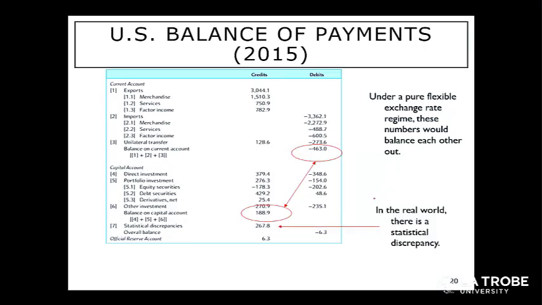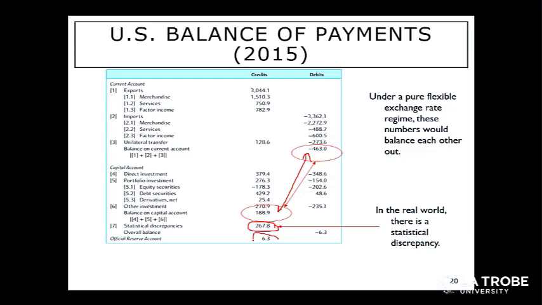So in theory, if the transactions are perfectly recorded, these two numbers should be exactly the same for a floating exchange rate regime. But in practice, because of the different misrecordings, there are some error terms in here, right?